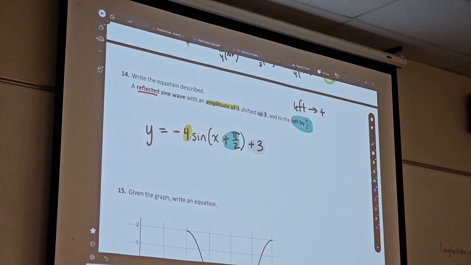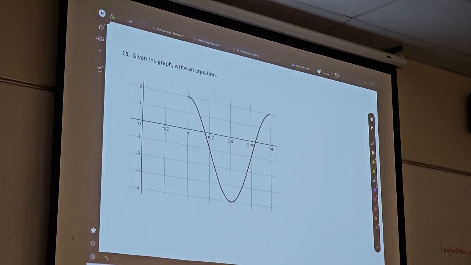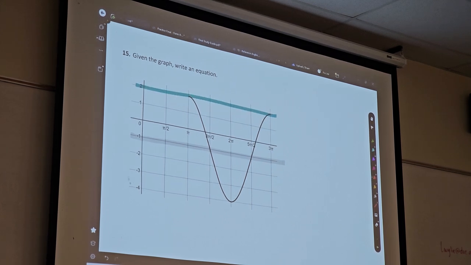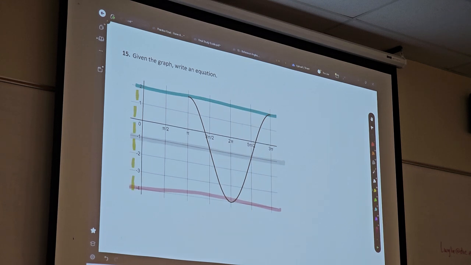If it's right shift, it's a minus. You have the graph, write the equation. General shape is cosine, not reflected cosine. It has a new equilibrium of negative 1. Here we are at my max and my min. Amplitude here is 1, 2, 3.